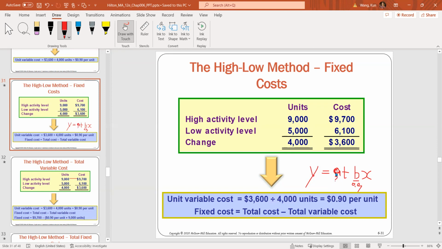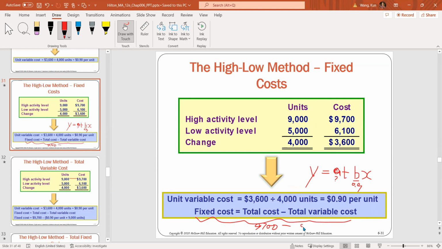So they move the items, and that's basically where this formula comes from. So A equals the total cost minus the total variable cost. For example, I'm using the highest level, which is 9,700 minus 0.9 times 9,000.